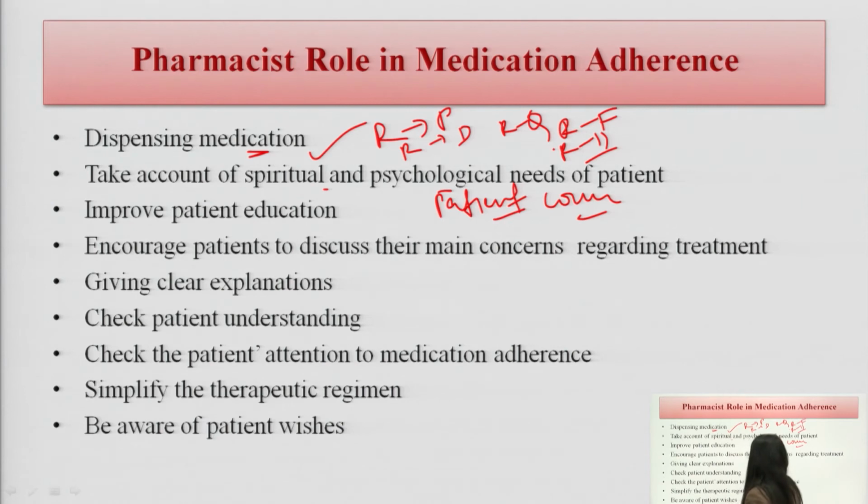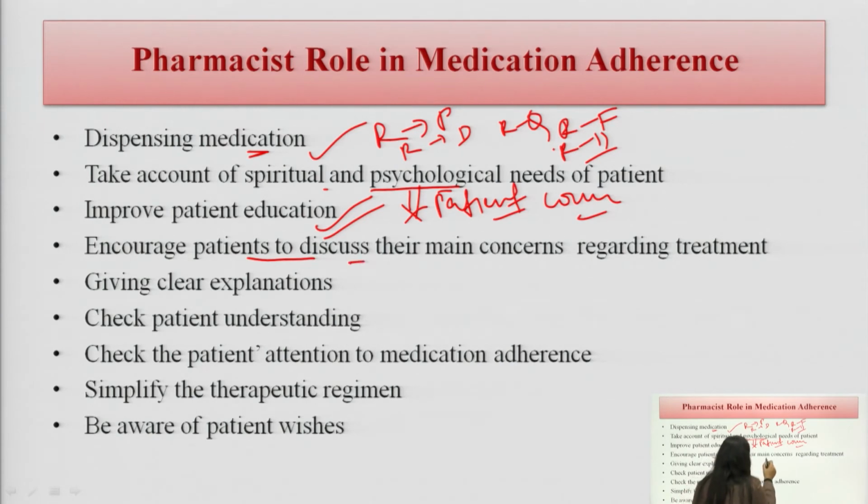Okay. Now, point number 3, improve patient education. I told you why we want to know the spiritual and psychological needs of the patient related to the disease and the treatment. So, when we get this data, of course we will improve the patient education.